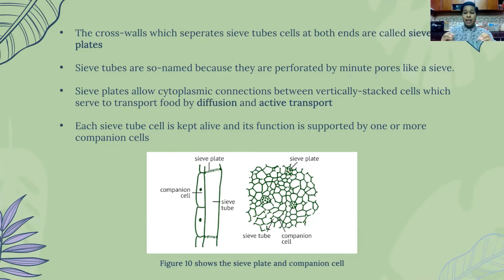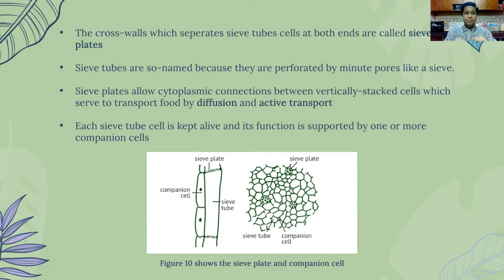The sieve plate looks perforated, meaning that it has small holes like a sieve. So that's why sieve tubes are called sieve tubes, because they have small holes like a sieve that we use for cooking.